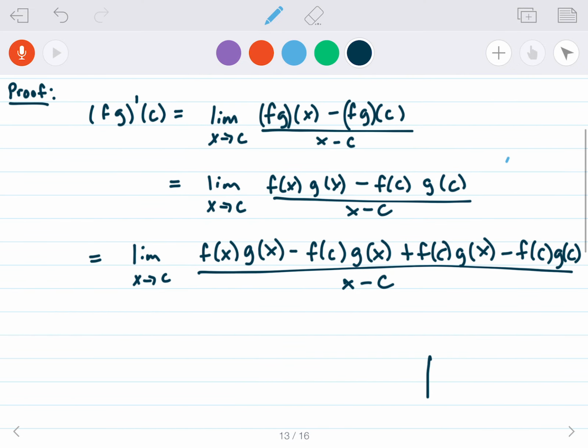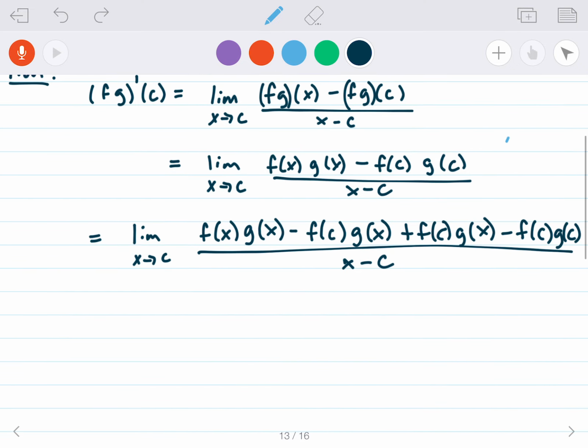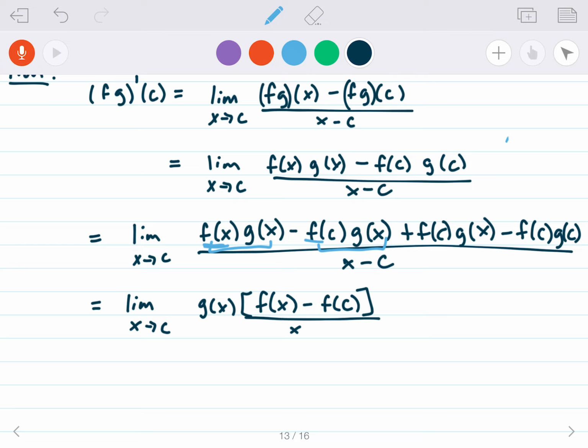All right, so the point of subtracting and adding this thing is that what I can do next is factor out a g of x over here, and so I'm getting close to my f derivative, right? So this is going to be the limit as x goes to c. Factor out the g of x, and I get f of x minus f of c over x minus c.